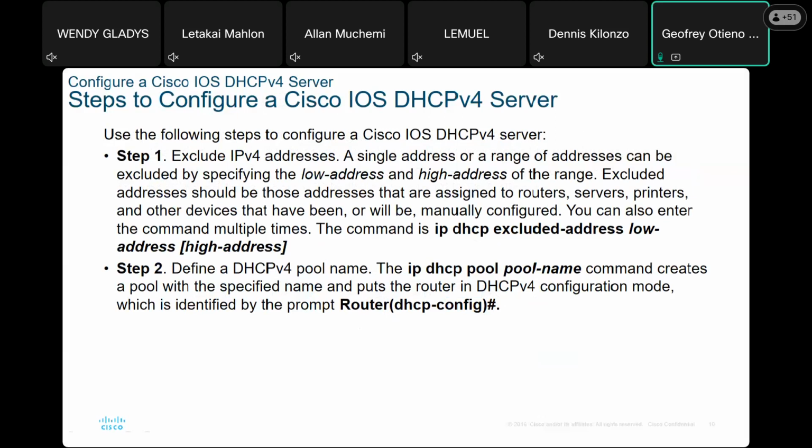Then you can have a pool: ip dhcp pool, then the pool name. This pool name is useful, especially as you might have different pools for different areas or departments. This particular pool has this subnet, especially after you have done the subnetting and you want to set it based on the subnets.